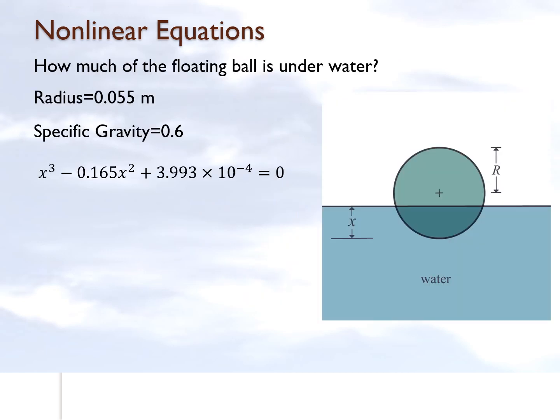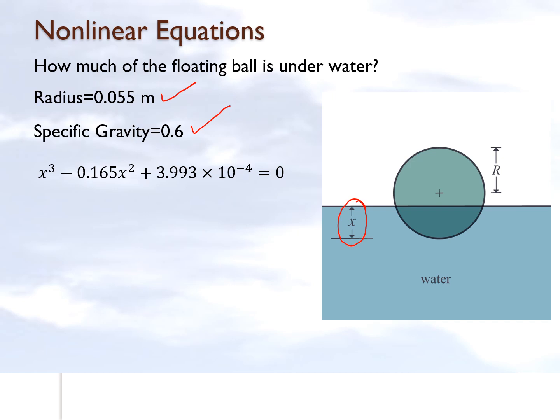Let's take this applied example here. What we have is a floating ball in water, and we want to find out the distance to which this floating ball is underwater. If we are given the radius of the ball and the specific gravity of the ball, that's enough to set up the problem.